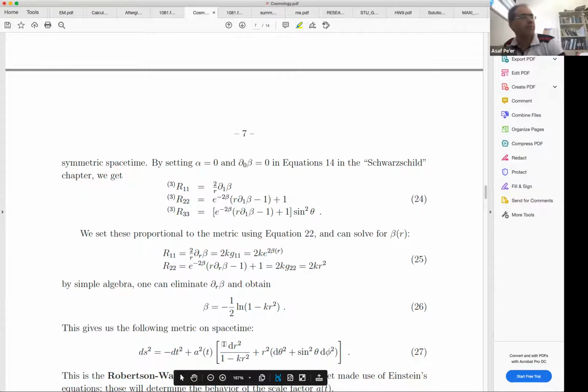And so we end up with a metric that looks like ds squared is minus dt squared plus a squared of t times [dr squared divided by (1 minus k r squared) plus r squared dΩ squared], where dΩ squared is dθ squared plus sine squared θ dφ squared.